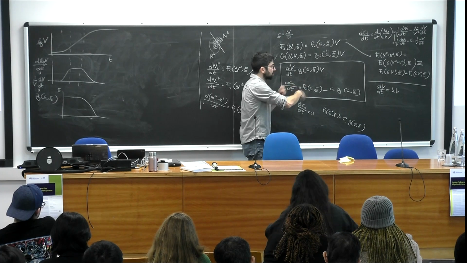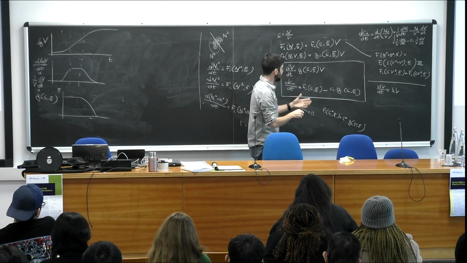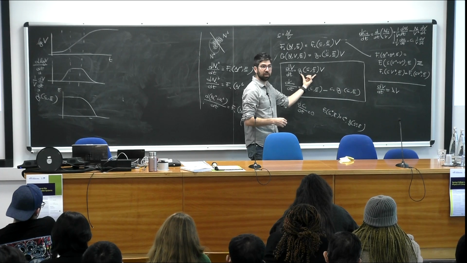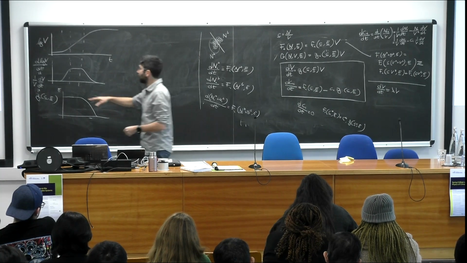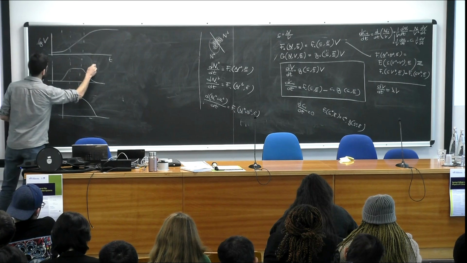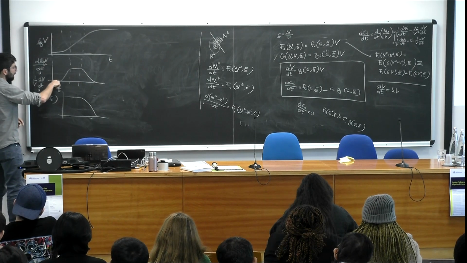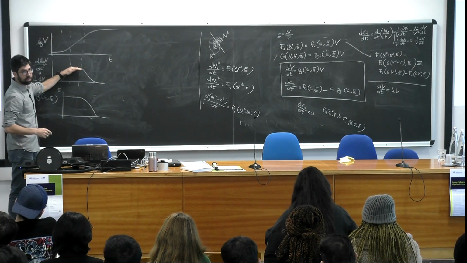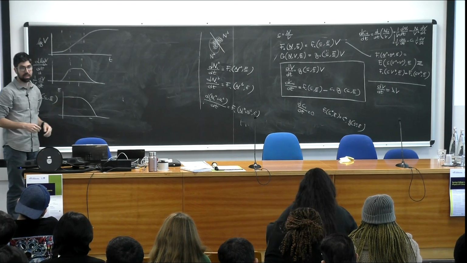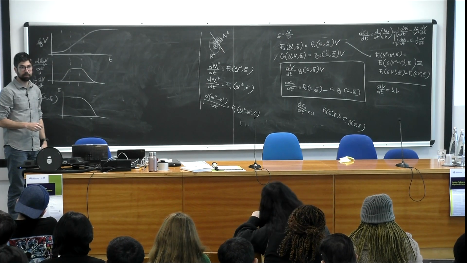So the concentrations are changing, and since the concentrations are changing, our function G is changing. At the beginning, the value of G of C is very small, and then it approaches the fixed point of that equation. It's constant, and then it goes down.